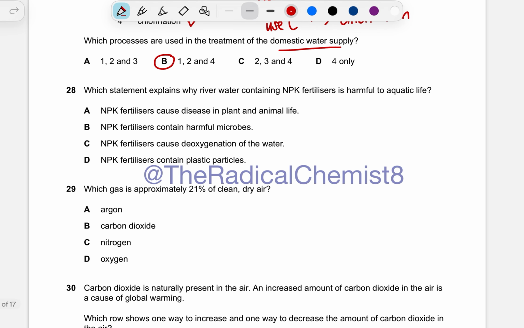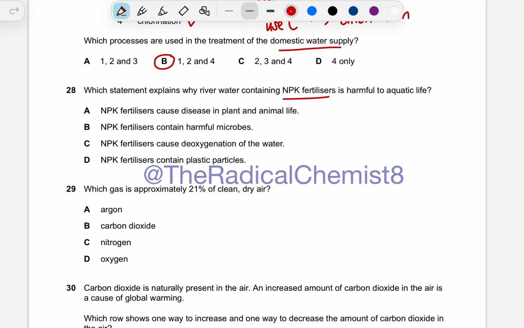Next, which statement explains why river water containing NPK fertilizers is harmful to aquatic life? So first of all, if fertilizers get into river water, this will increase the amount of algae in river water, and algae will be covering the top layer of the water, and therefore this will impede oxygen and other nutrients reaching the bottom.